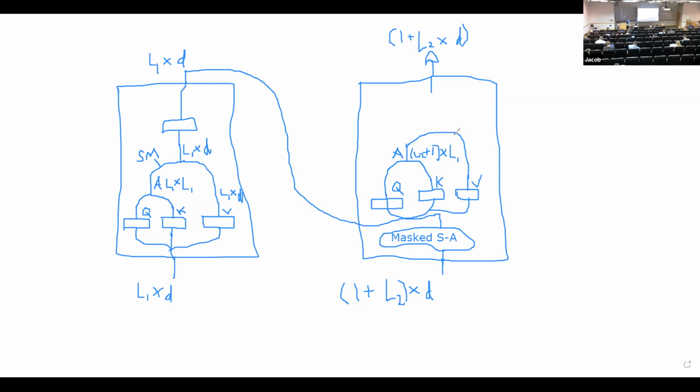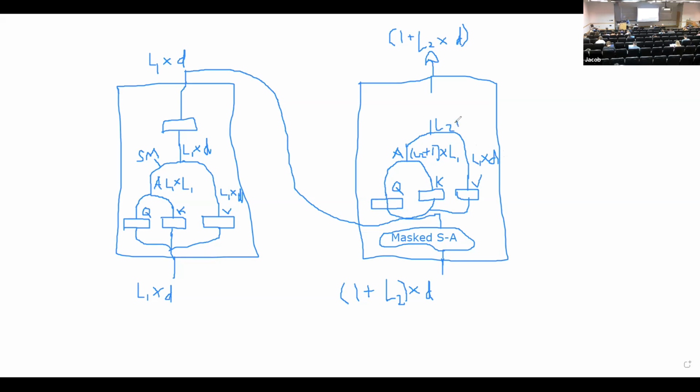Well, so let's finish up the dimensions here. We take an L2 plus 1 by L1 and multiply that by an L1 by D and get an output of size L2 plus 1 by D. Exactly. And if you remember, that was the exact same dimensions that we had for the output of our masked self-attention.